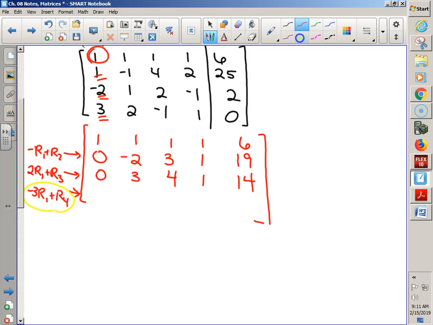You could come off to the side. And they would go to the side and say, okay, I'm going to multiply negative 3 times, I'm going to get negative 3, negative 3, negative 3, negative 3, negative 18. They would actually do the little math as a little baby side work.